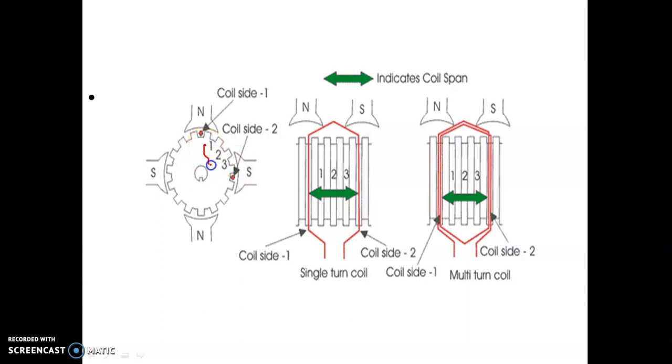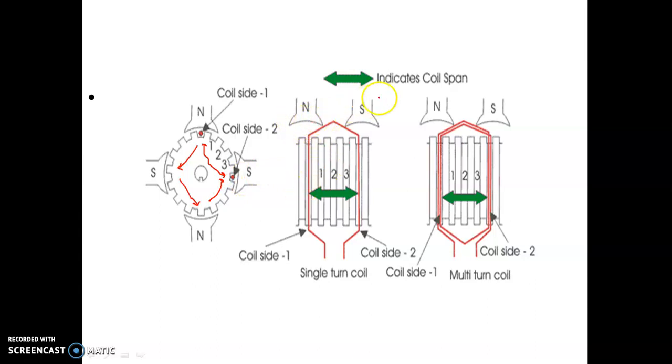If you rotate this rotor from north to south, this makes 180 degrees electrical, so it is called one coil span. From here to here also it makes 180, from here to here 180, from here to here 180.